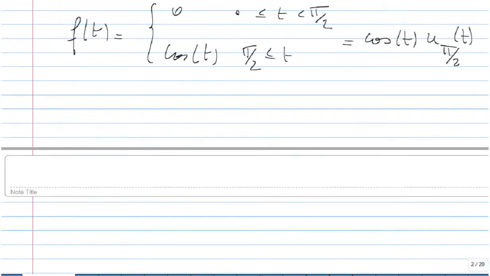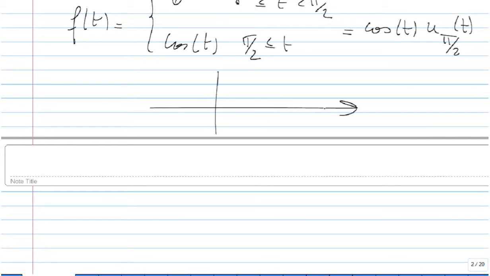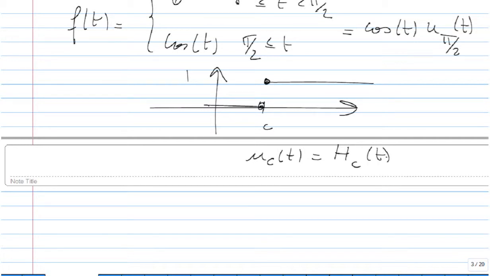So remember, if you take 1 here and 0 here, that's the function u_c of t, and some authors will call it h_c of t. H stands for the initial of Heaviside. So some authors will use h_c and some authors will use u_c. I'm going to use u_c in this solution, okay?